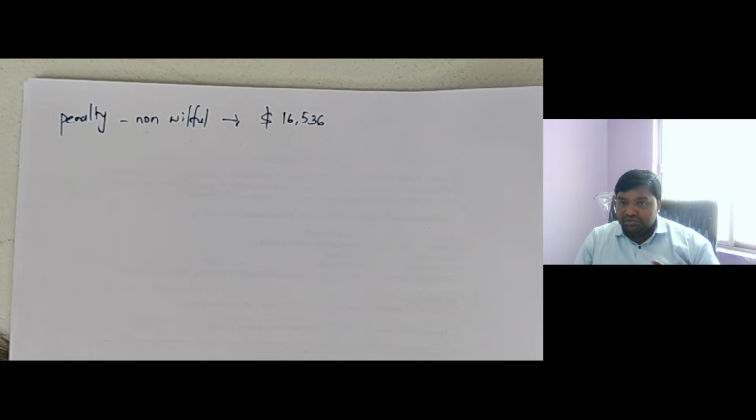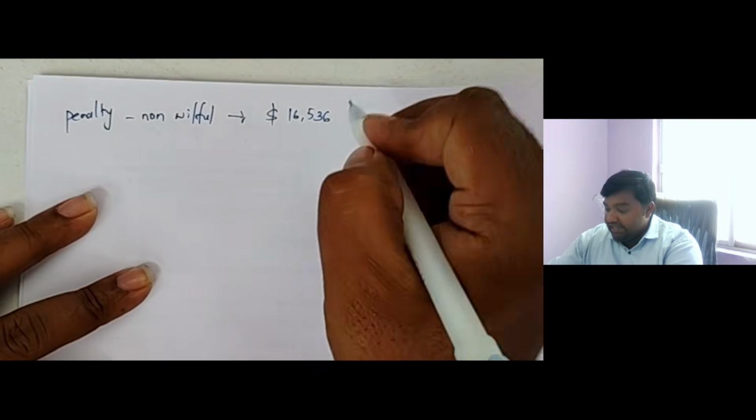So you don't know that you should file your FBAR report, and it is non-willful, then IRS can levy penalty up to $16,536. This penalty is per report.